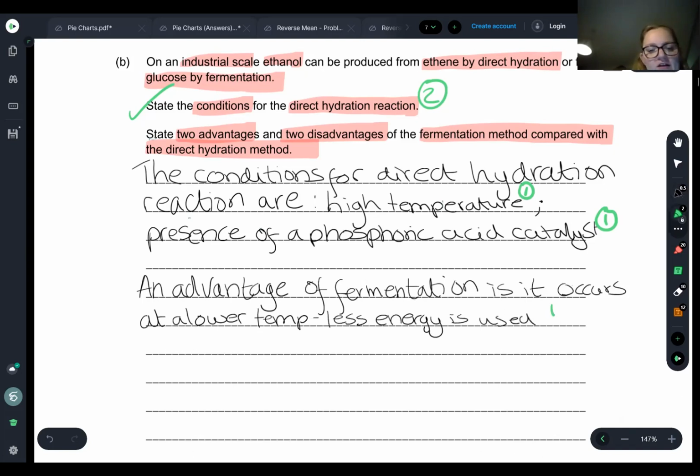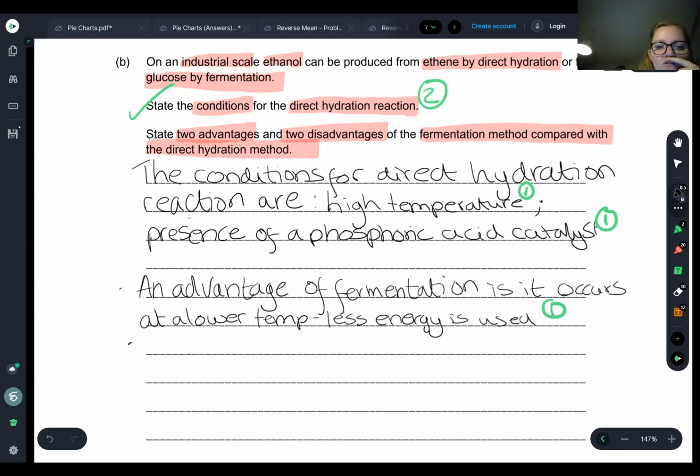That's one advantage. There's 2 other advantages you could do. I'm going to come out with the one that I would see most often, I think the most logical one to come up with. You could link it to the conditions of direct hydration and say there's less equipment needed, or there's less use of non-renewable fuels. So either of the 2. I'm going to put both on here. And you could get a mark for either.